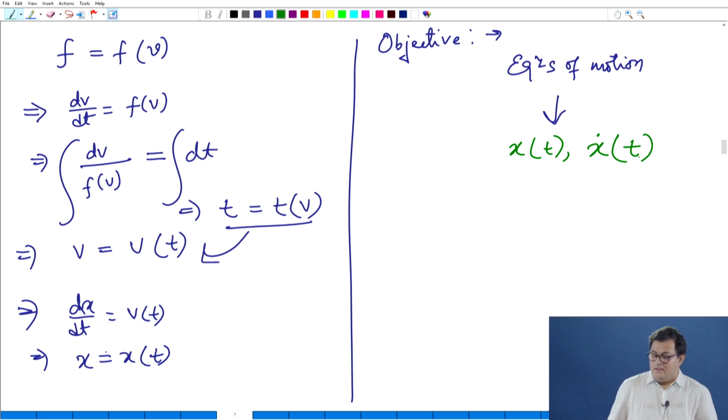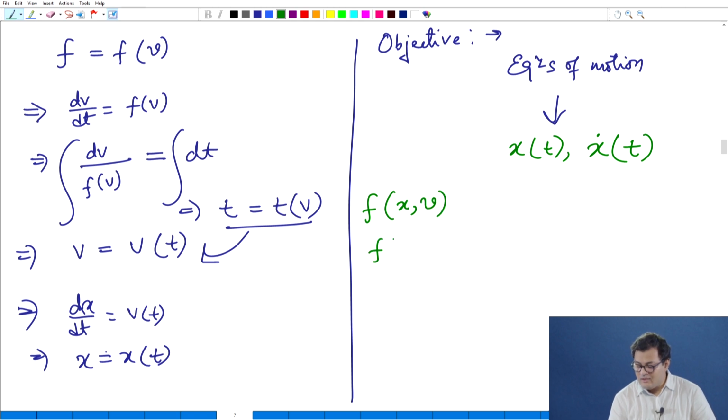And if, for example, f is a function of neither v nor x singly, but both x and v, or x and t, or v and t, or all three, then you have to check case by case. You can solve the problem by separation of variables, by simplifying, or by reducing it to some easier variables.